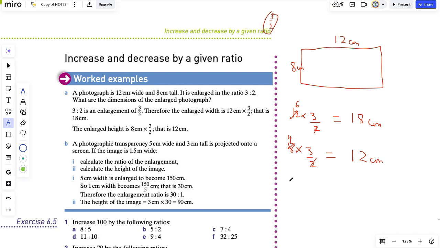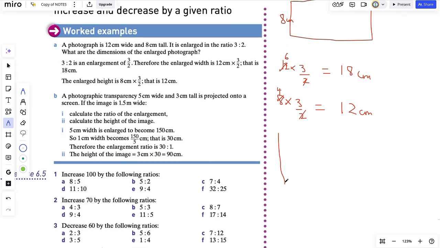So the enlarged one is now 12 by 18, bigger than the previous one. Here is 18 centimeters the length, and the width or the height is 12 centimeters of the enlarged one.